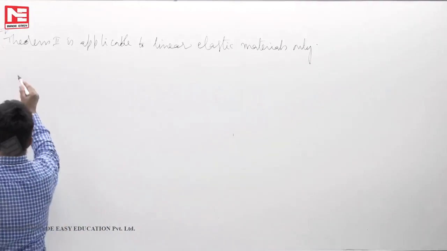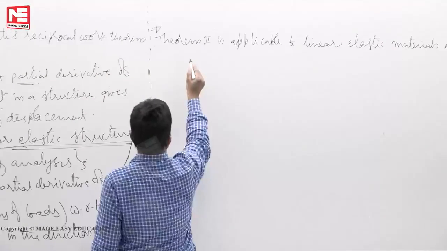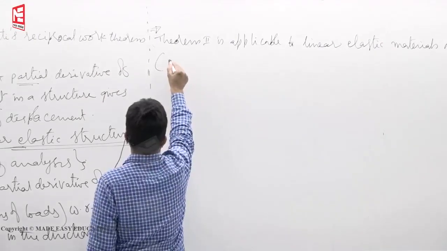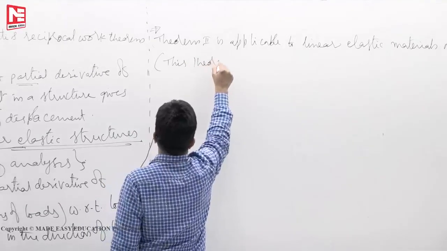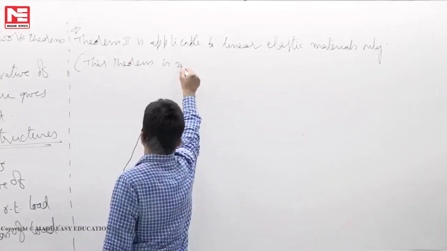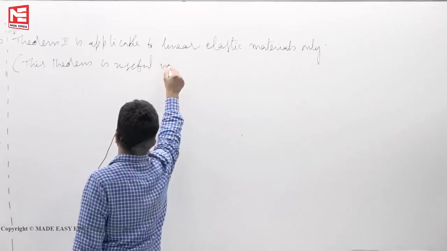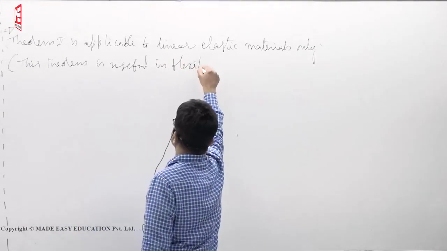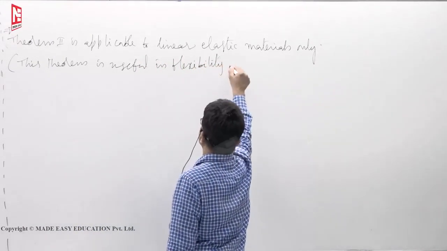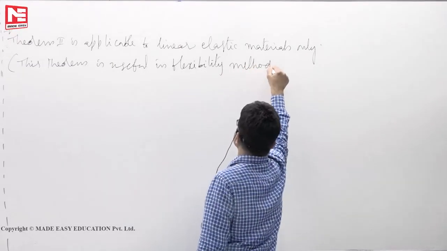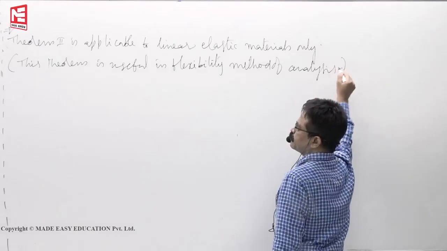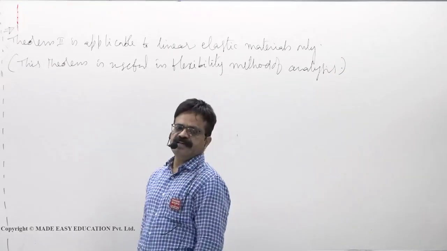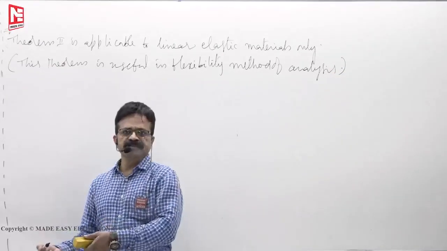Okay. Now, with this understanding, this theorem is useful in the flexibility method of analysis. In the flexibility method of analysis, you will write energy in terms of the loads.